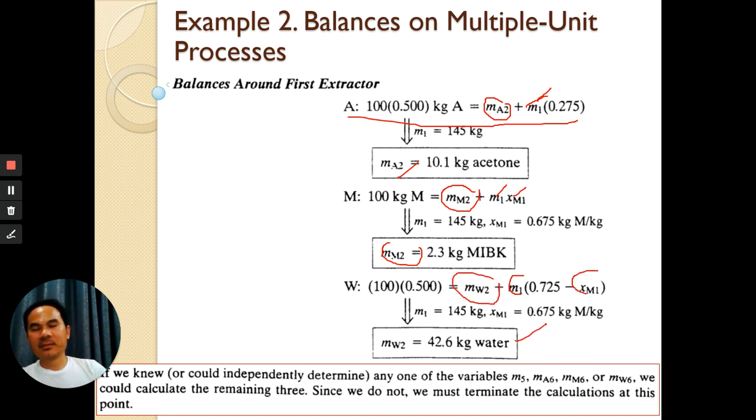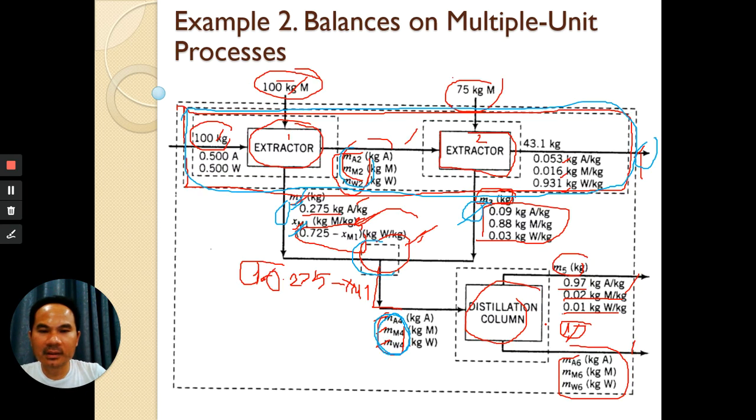For this case, you can solve for M1, M2, M3, and also the water and M in the extractor and mixing, but you don't know M5 and MA6, MW6, M6, because these are unknowns, but only 3 equations, you cannot solve because of the degrees of freedom.